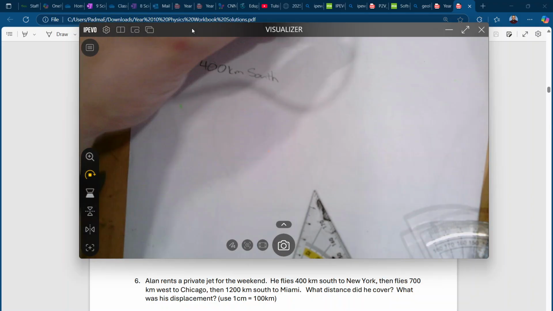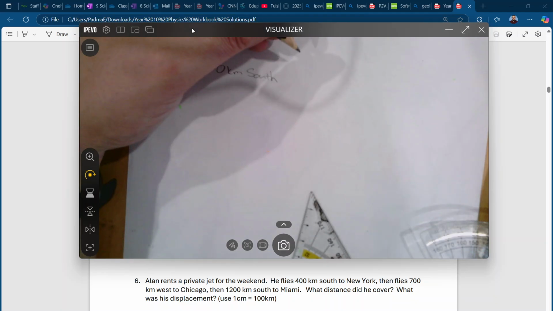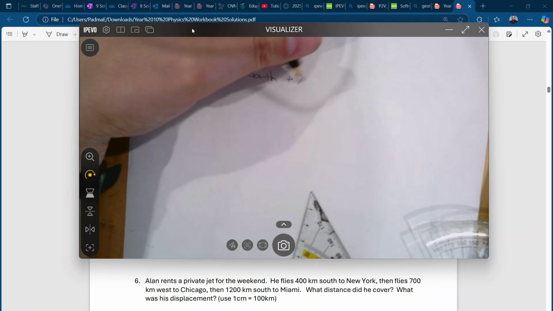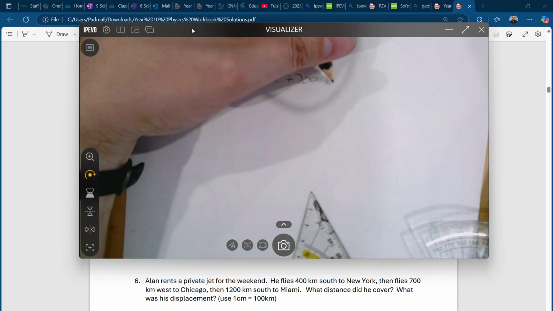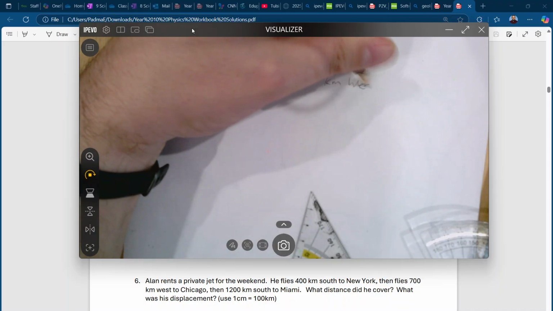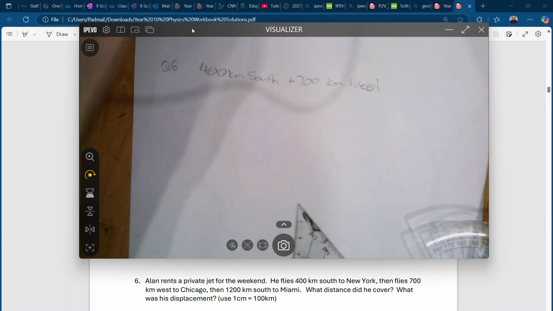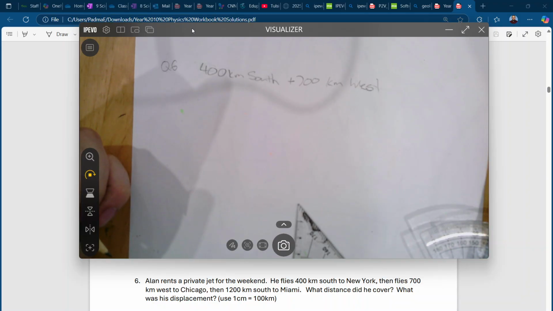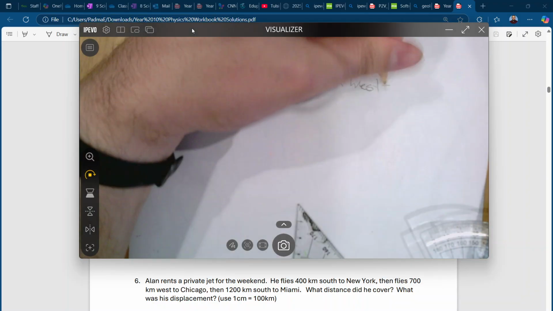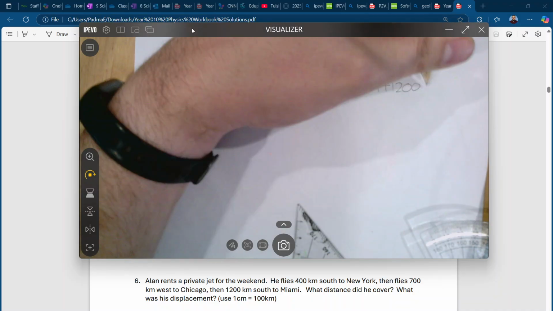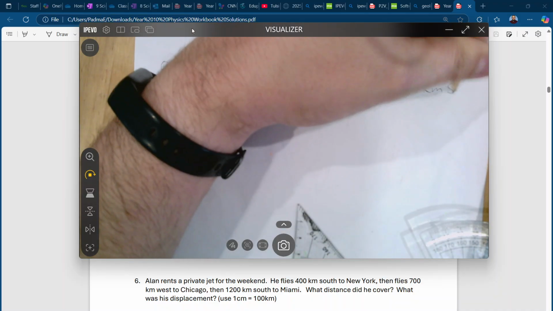We have 700, so we're going to add 700 kilometers west. And then we've also got 1,200 kilometers south.